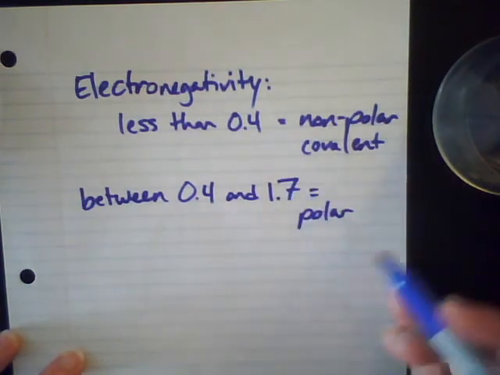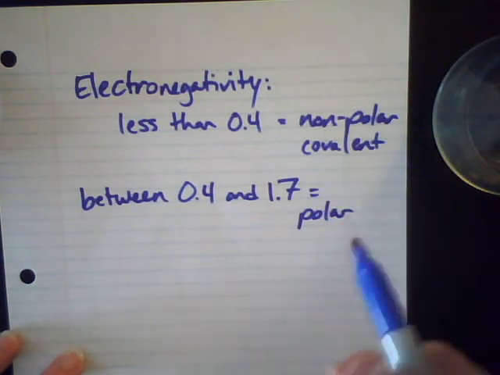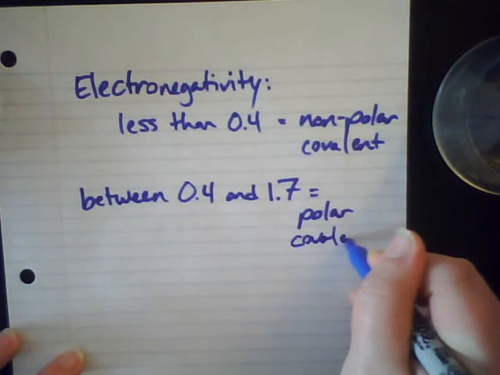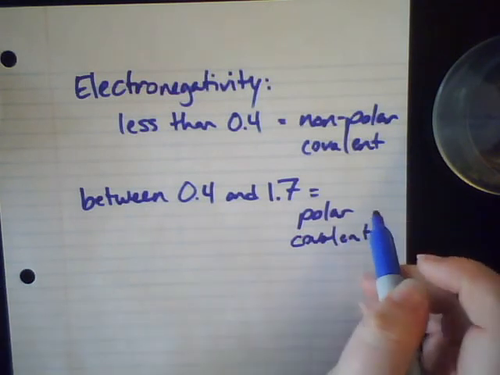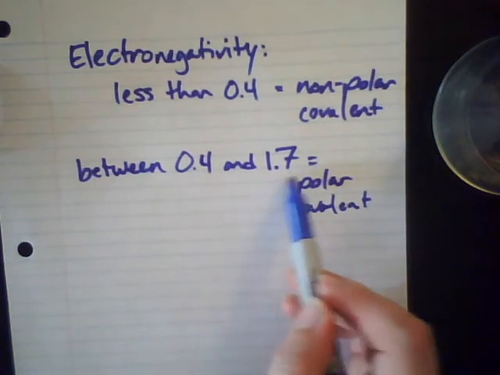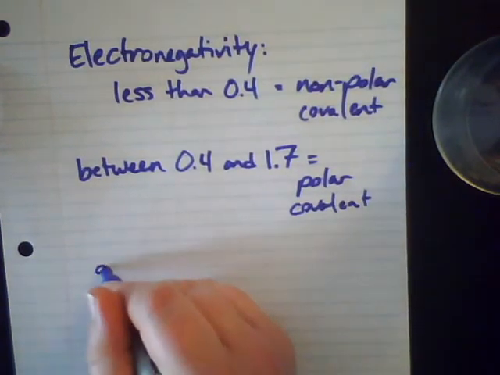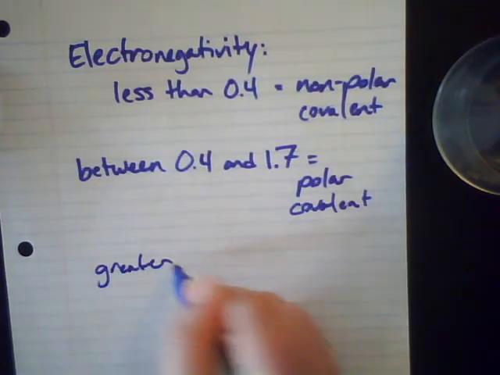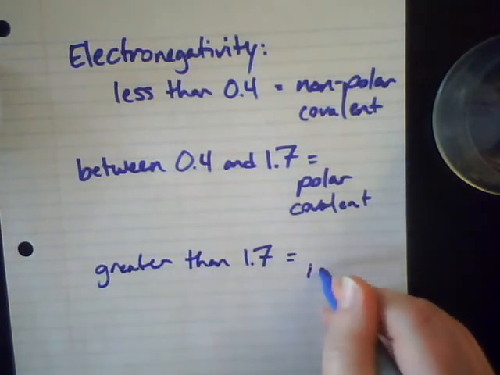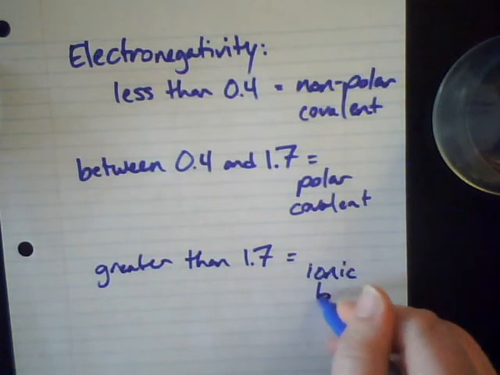So there's enough of a difference between them that one is going to be pulling on those electrons more than the other. It's going to be a little bit of a shift, okay, from one side to the other. And then now, if it's greater than this 1.7, this is going to mean that we have an ionic bond.